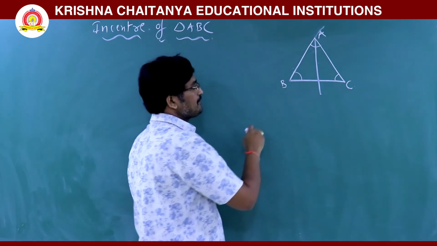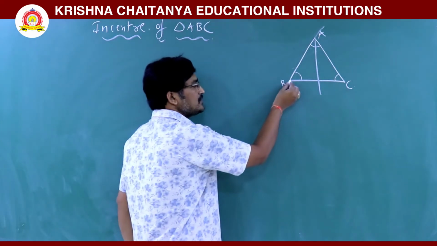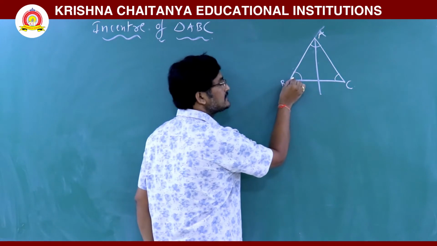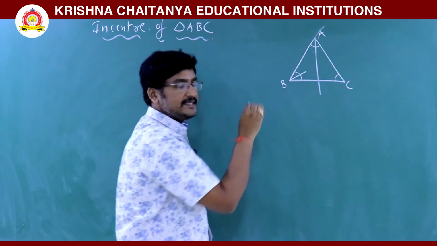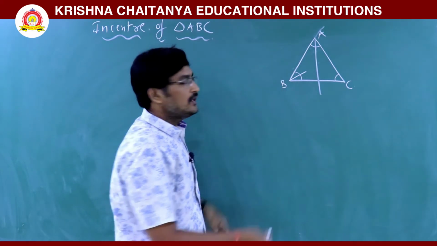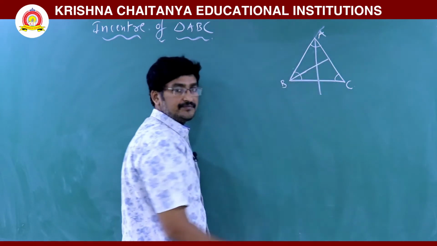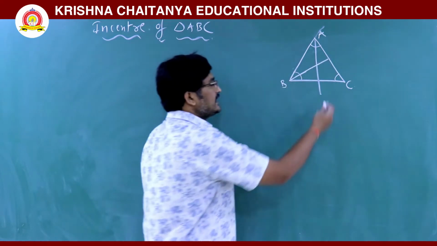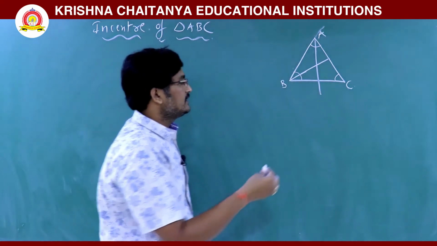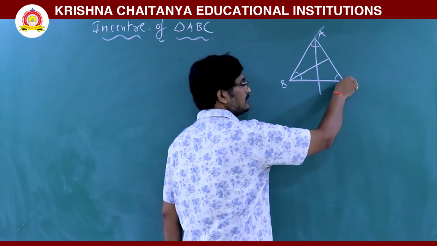In the same way, it is angle B. Suppose the line passing through B bisects the angle here, like this. This is the internal angular bisector of angle B. I have to extend this line, and it goes and meets the opposite side there. This is internal angle C. Suppose I draw a line passing through C that bisects the angle here.